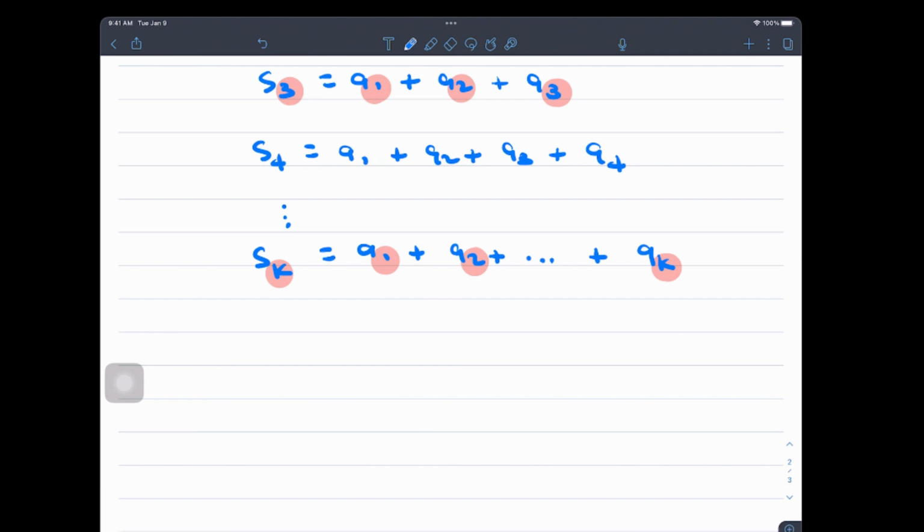We can say Sk is the sum from k equals 1 to n, or I should say Sn, so you guys know, of this ak, if you want to look at it that way.